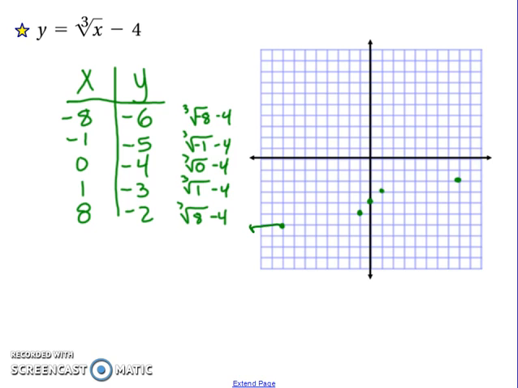So again, if we follow this shape, okay, there is our graphed cubic function, and then the domain and the range are going to both be all real numbers.